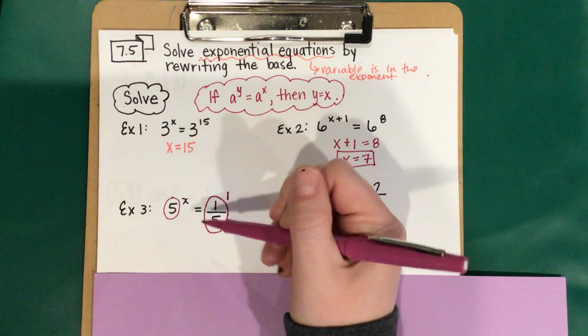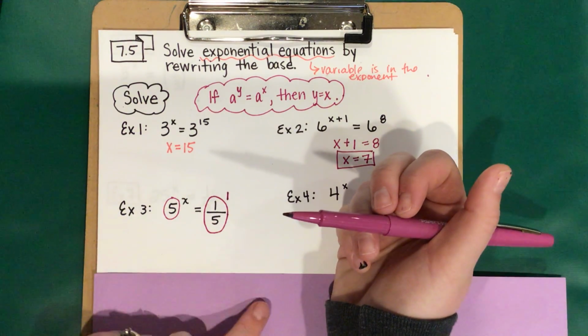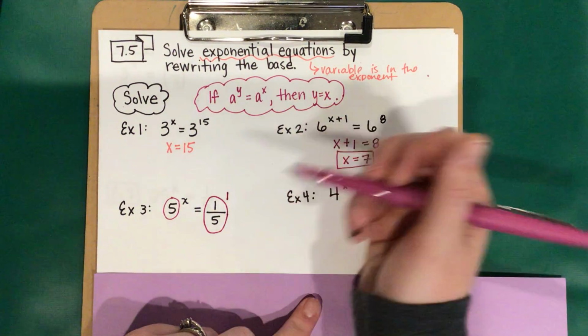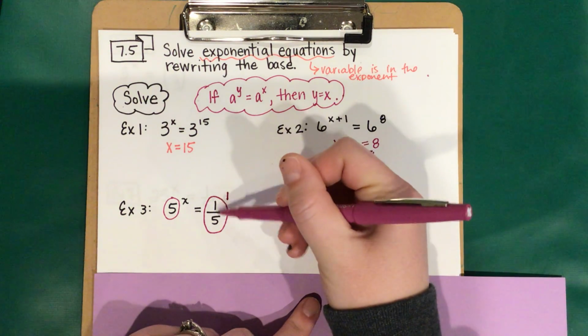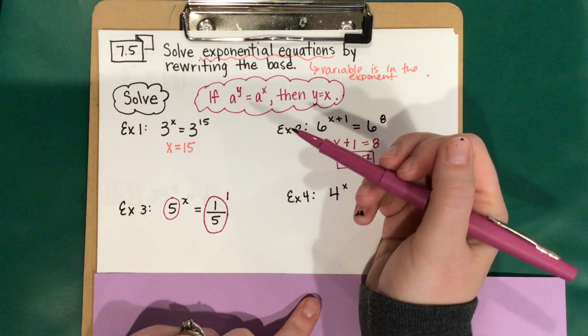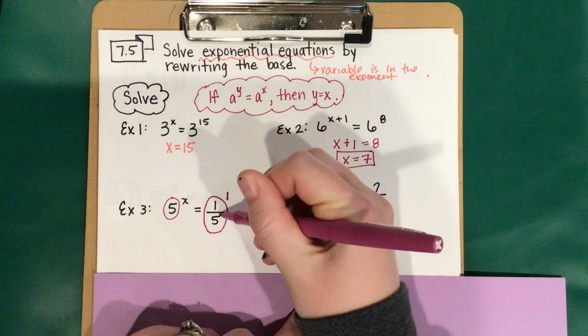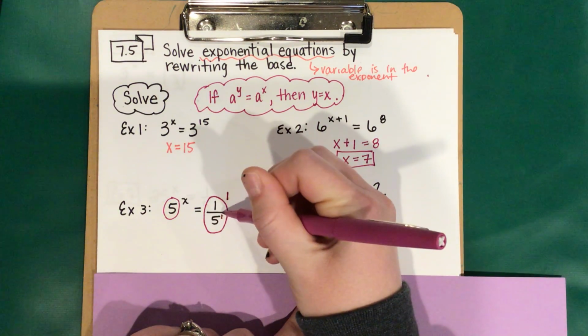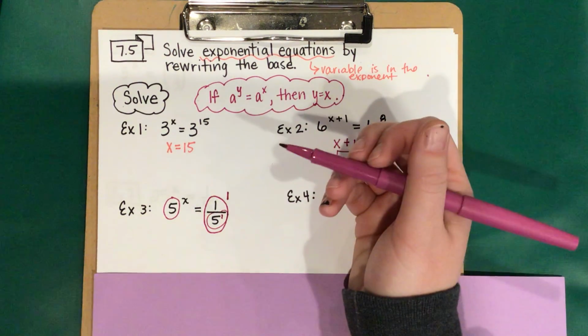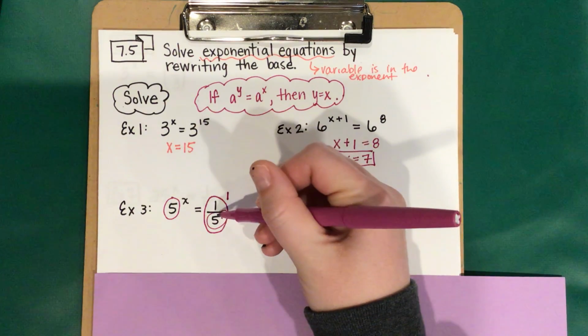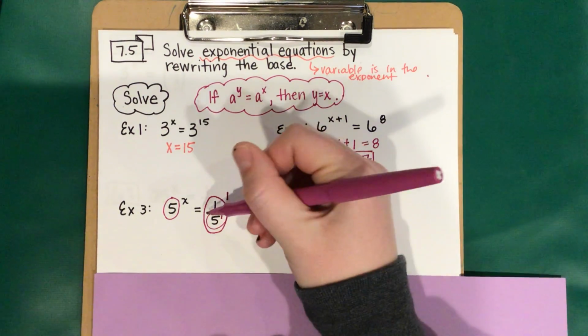Now, I need my bases to be the same, and right now they are not. So what I need to do is rewrite this 1/5 with a base of 5. So I know right now that this is 1 over 5 to the 1st. And you guys are used to making exponents positive, but we can actually make them negative as well when we move them across this magic line.